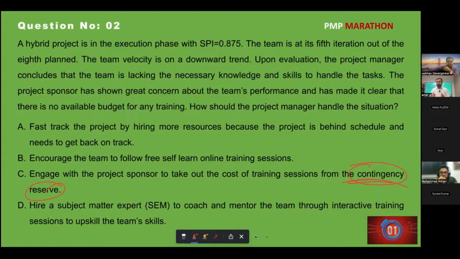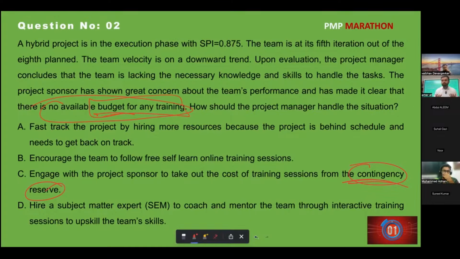So Alim, when we identify the contingency, what is that? Contingencies for identified risk, right? Exactly, sir. That is step number one. Step number two is that this risk was identified. No. So the contingency reserve goes out of the box. Third thing, he already said to you, there is no available budget for the training.